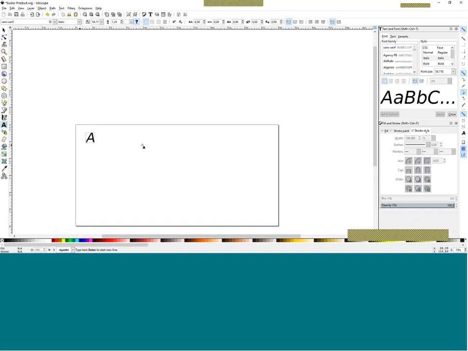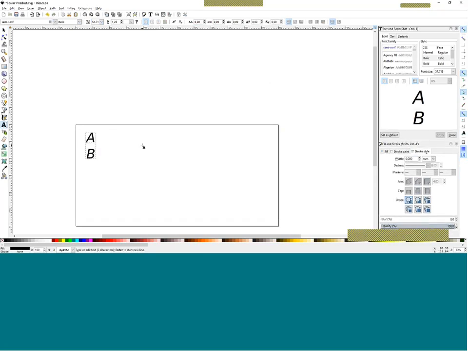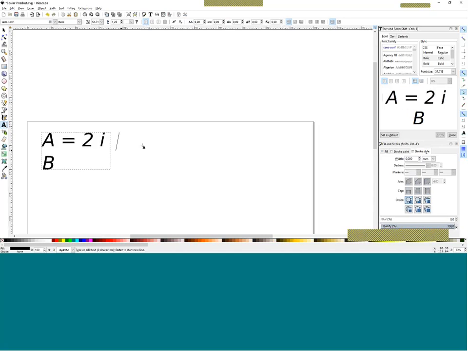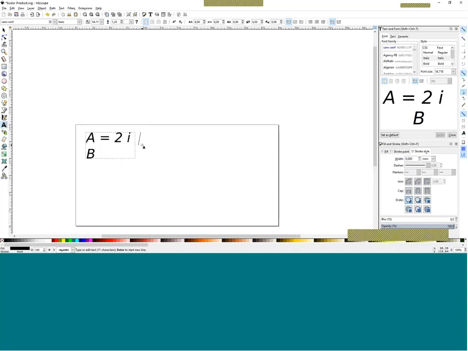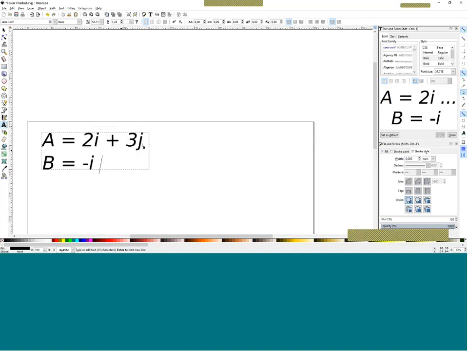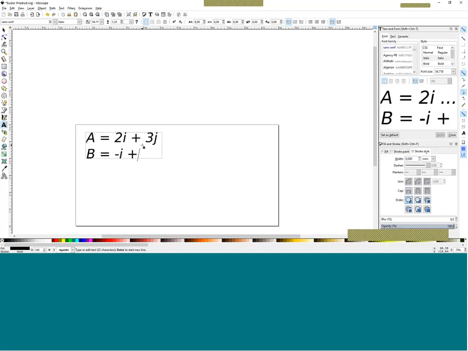Okay. Let's do our first example, and then we can move on to something a bit more interesting. We have two vectors, A and B. A is a vector, and don't worry, we'll make it bold, meaning 2i plus 3j, and B is a vector meaning minus i plus 2j.